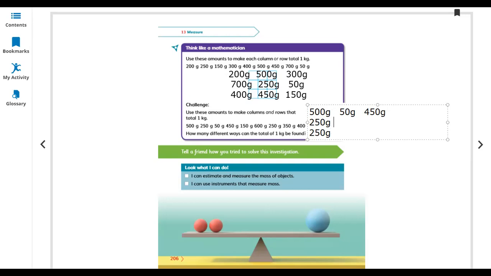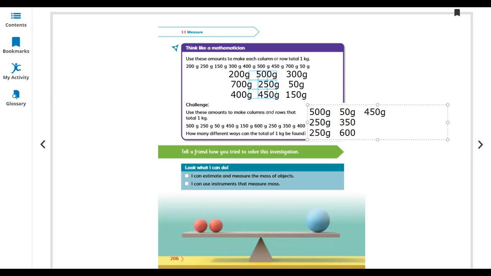So in the second, we have now remaining 950. So 250, I'm using it again, and this coming 300, then 300. Let's do 350. Now we have 400 and 600.